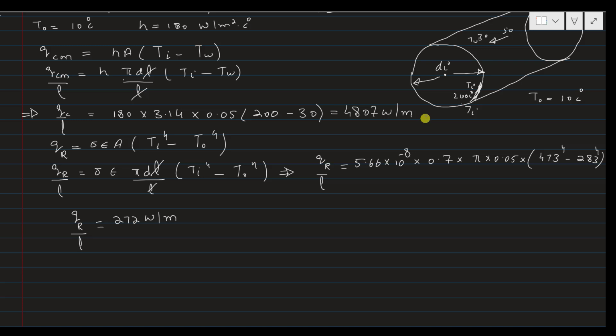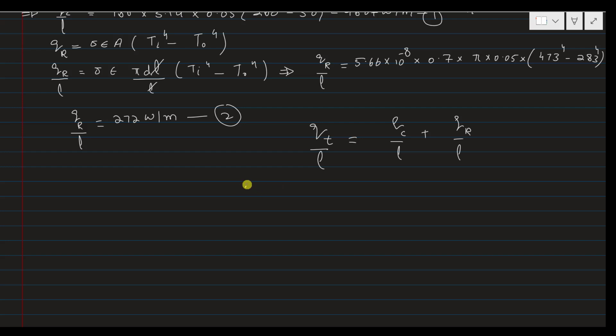So this is the heat transfer through convection, and this is the heat transfer through radiation. Add these two and you will get the total heat transfer per unit length. QT means total heat transfer per unit length, which is Q convection per unit length plus Q radiation per unit length.